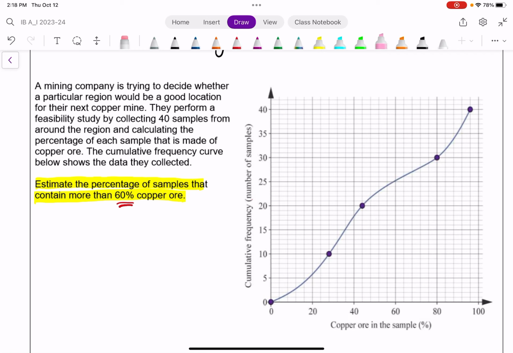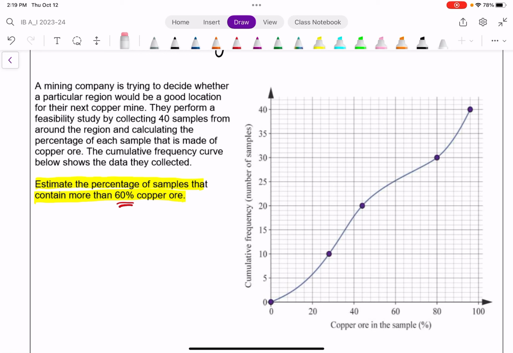And this point right here represents that 10 of the samples have at most 28% copper. So that's how we read this. Remember, cumulative means we add everything before. So as we work our way up, it includes everything before. This here is how many samples have at most 100%. At least, at most. I feel like I've been saying those the wrong way around. Anyways, let's answer the question.